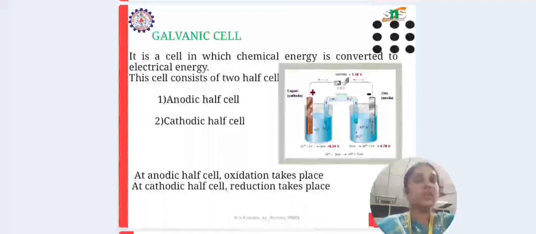Here the copper electrode is positive and the zinc electrode is negative, because the electrons are transferred from zinc to the copper cathode. For gaining, the sign is positive; for losing, the sign is negative. Oxidation takes place at the anode and reduction at the cathode, so the current flows from anode to cathode.